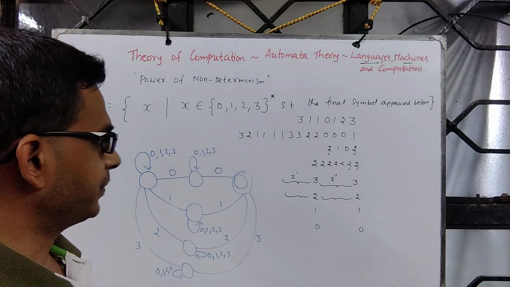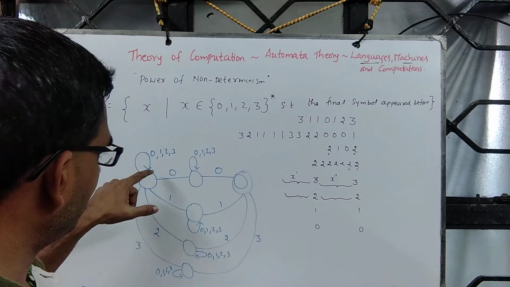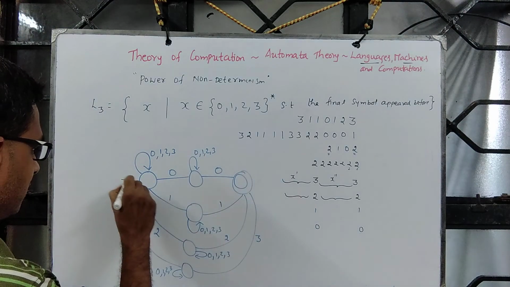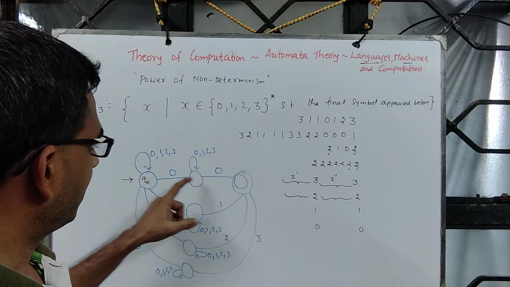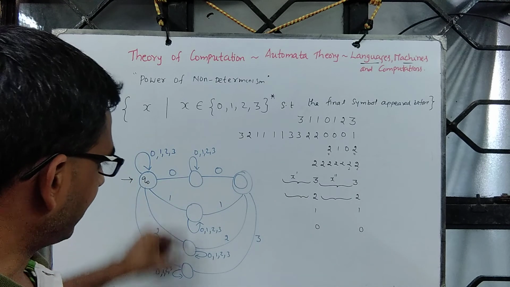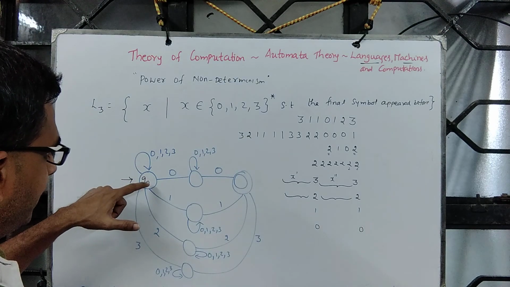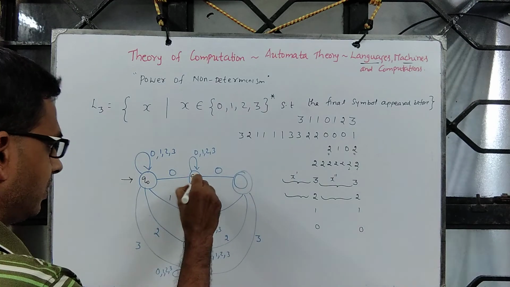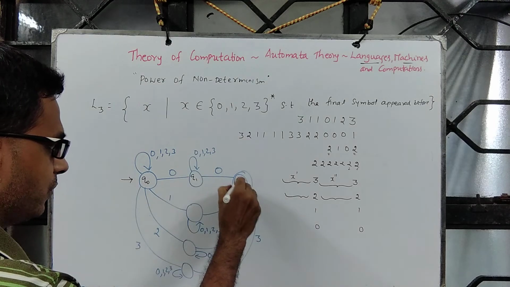Now this clearly tells you that the pattern 3, 3 or 2, 2, 1, 1, 0, 0, and the prefix could be anything, that is taken care of by this. Now after seeing a 0, you may see some string over 0, 1, 2, 3, that is taken care of by this machine. Now when you read a 0, we go to Q0 as well as this state Q1. Similarly, when you read a 0 over here, we stay at Q1 as well as we go to this state.